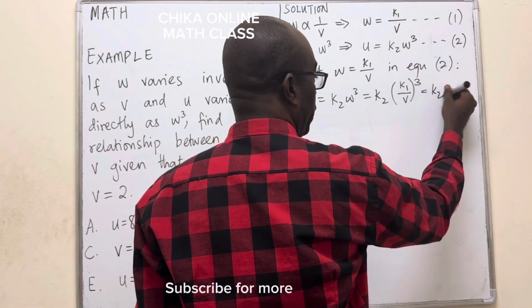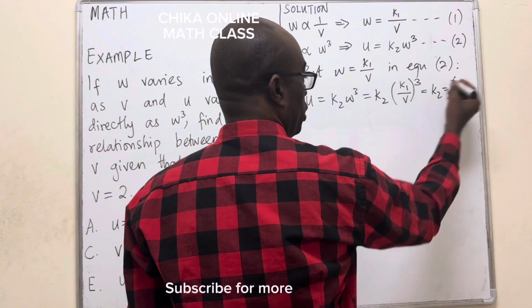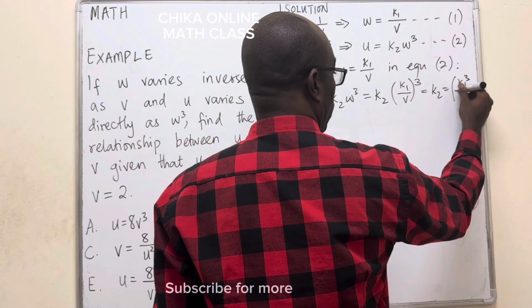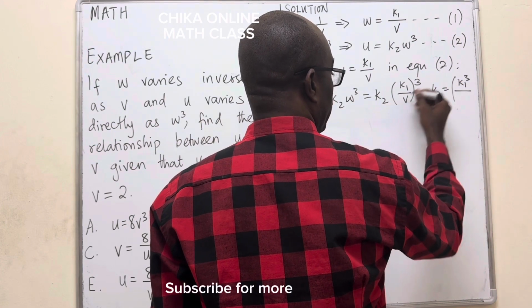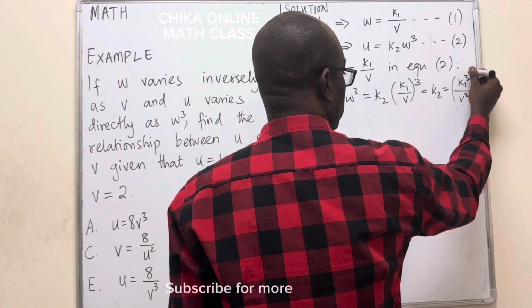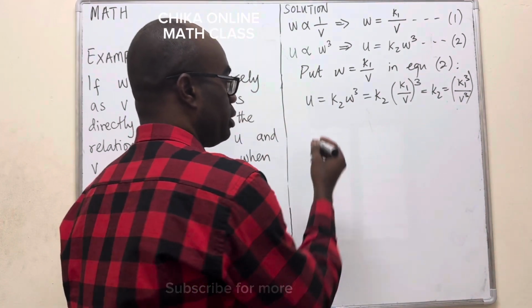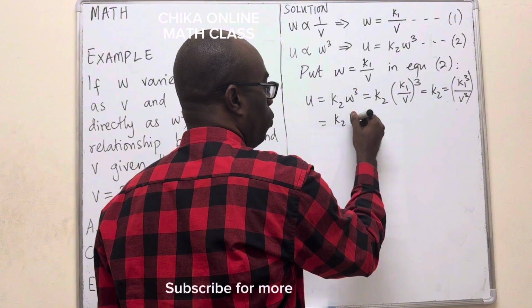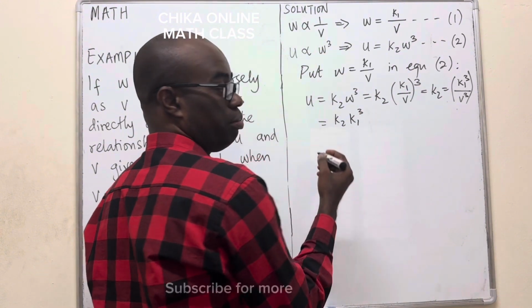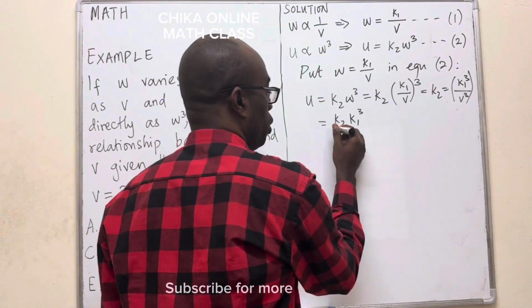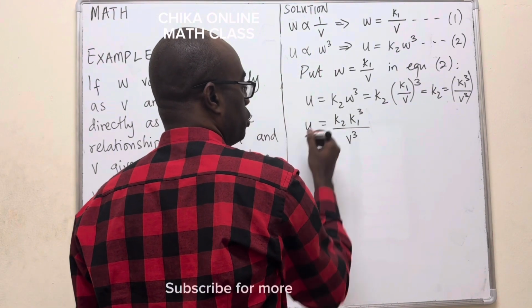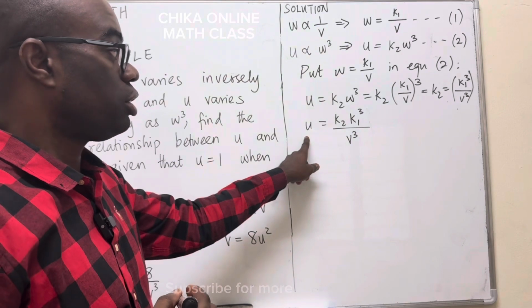If you now open the bracket, you have k1 cube all over v cube. Then this is k2 k1 cube, because we will now multiply with k2, all over v cubed. So this is u.